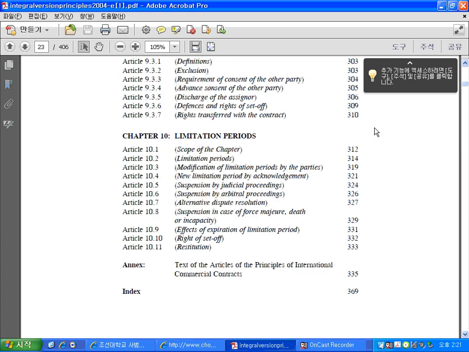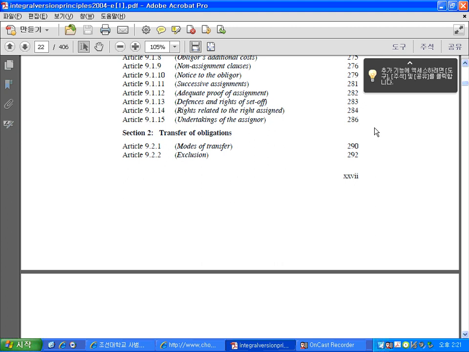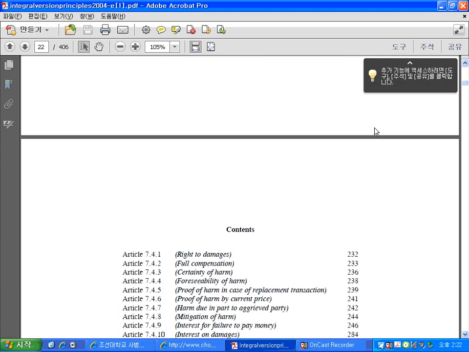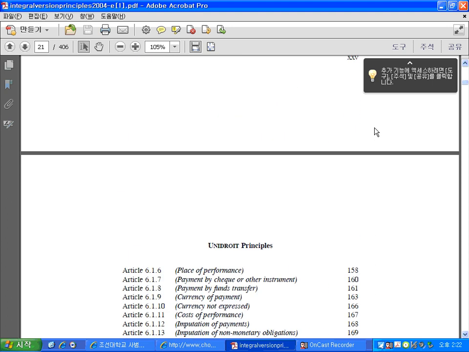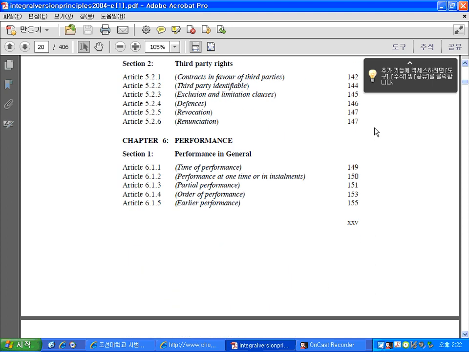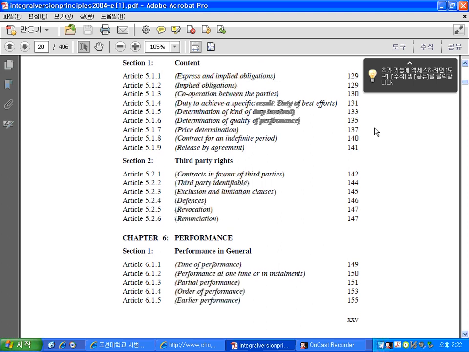So you can see some of the scholars. Who are they? They are just scholars, with no authority to codify any binding laws.